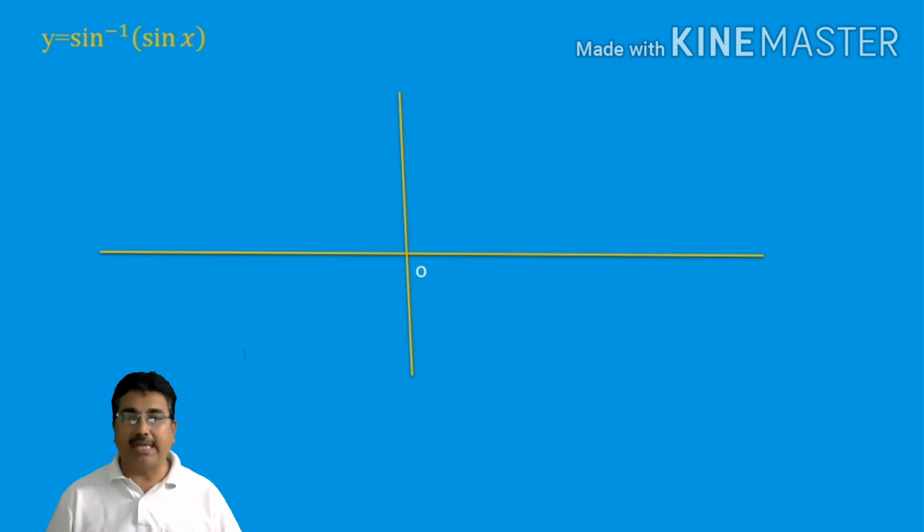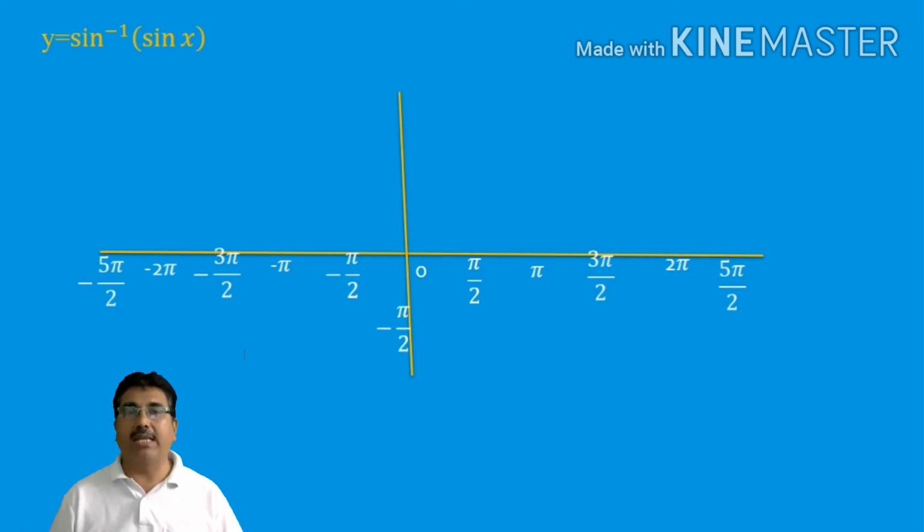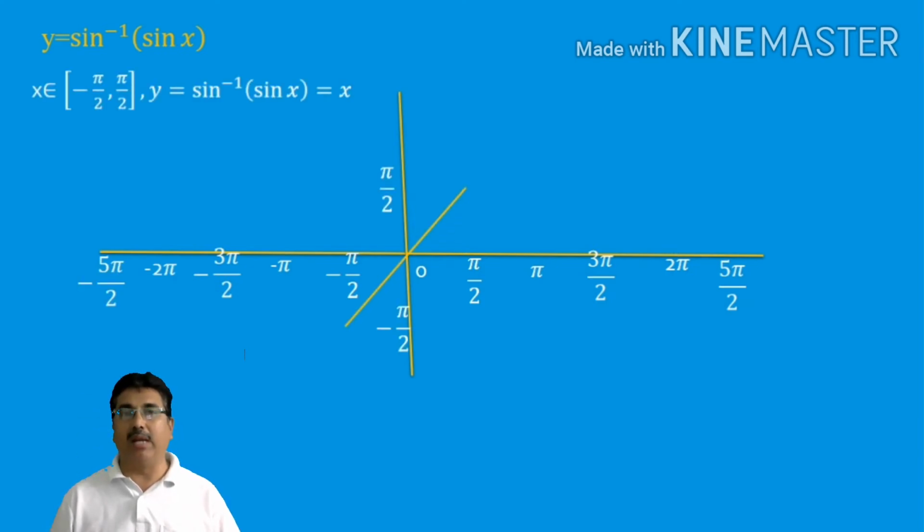If x belongs to the closed interval minus pi by 2 comma pi by 2, in this interval sin x is a bijection. Therefore, sine inverse of sine x is equal to x. In this interval, the graph of the function is a straight line, that is y is equal to x.